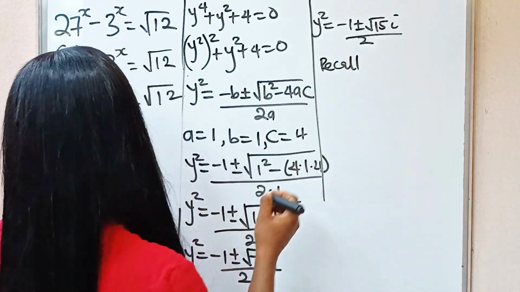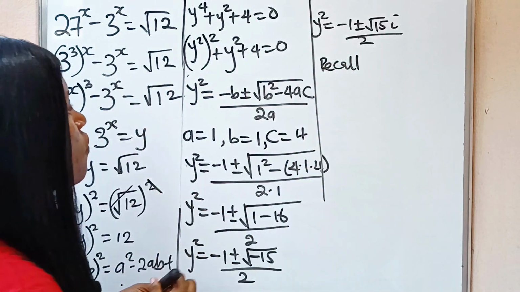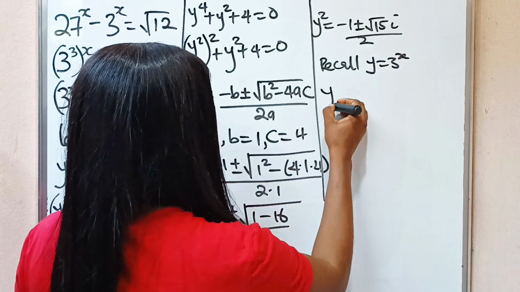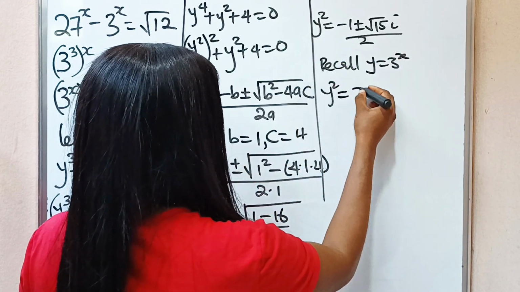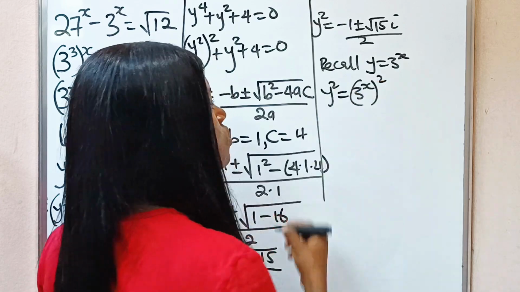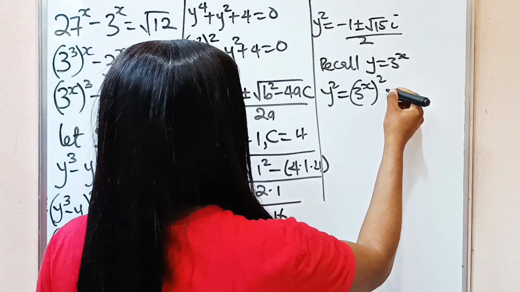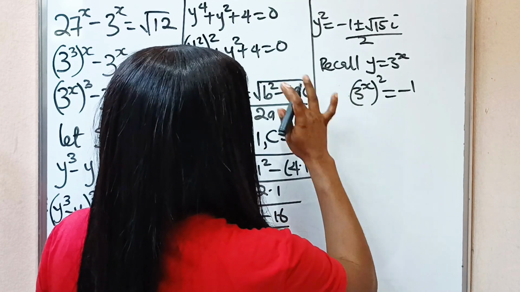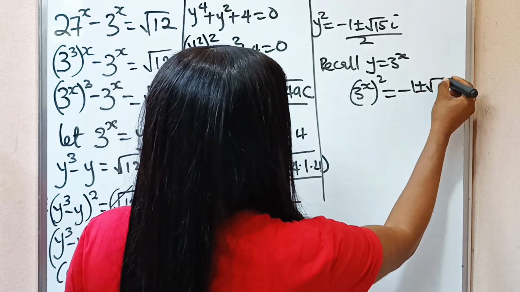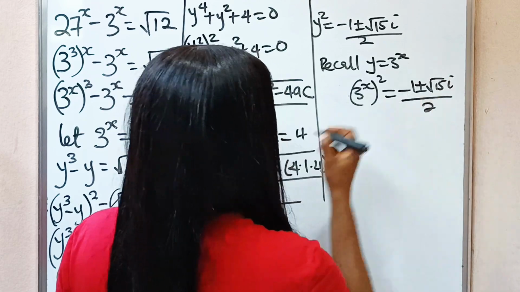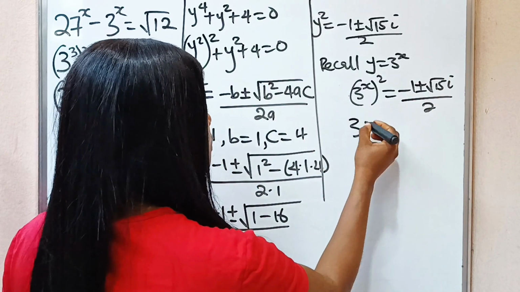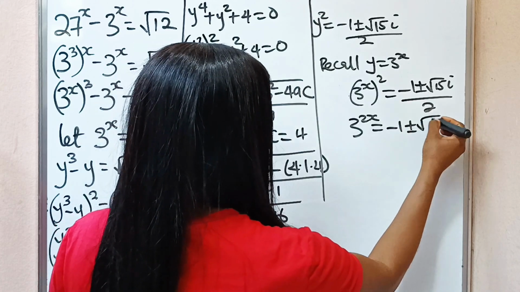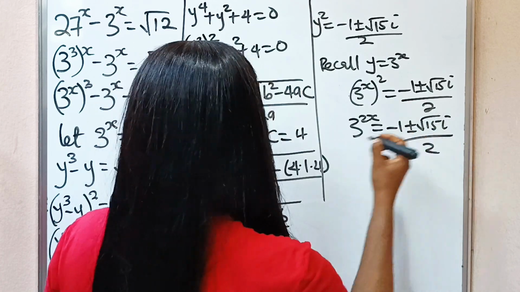Therefore, I want us to recall again that y is equal to 3 to the power of x. That means y squared should be equal to 3 to the power of x, squared, which is equal to minus 1 plus or minus the square root of 15 i, divided by 2. So we have 3 to the power of 2x is equal to minus 1 plus or minus the square root of 15 i, divided by 2.